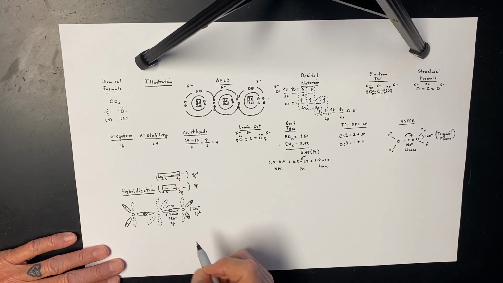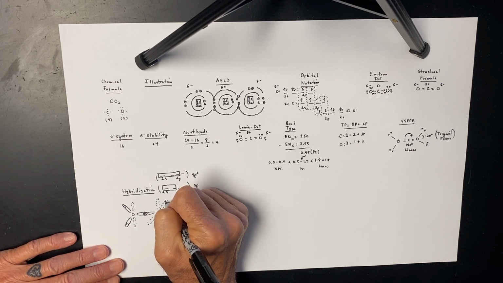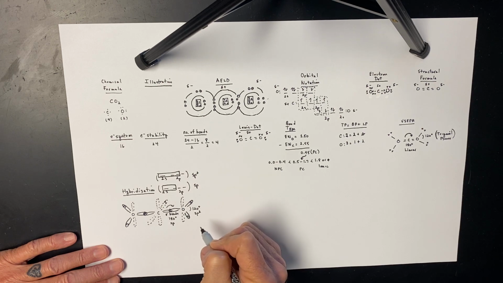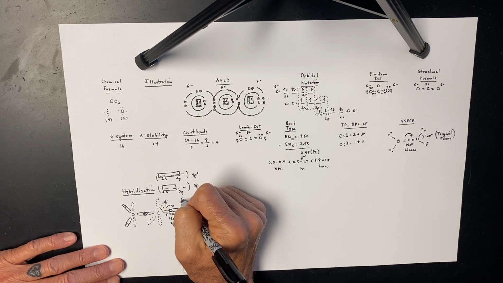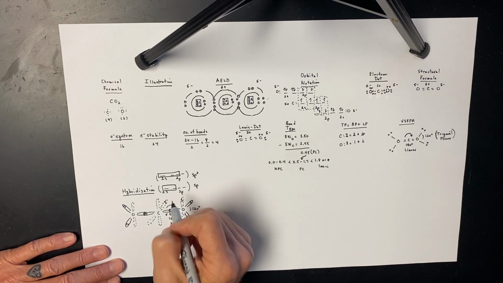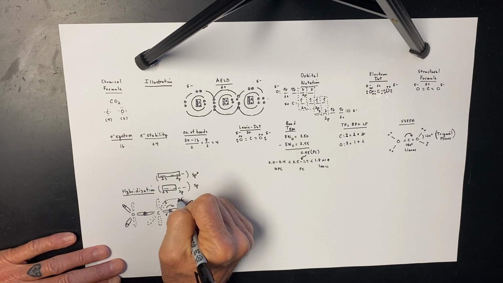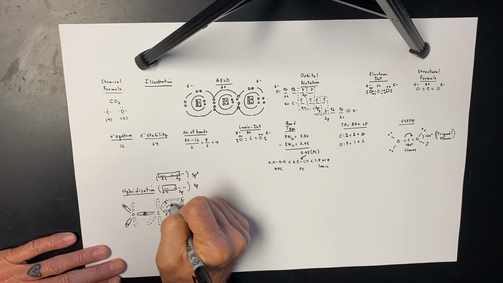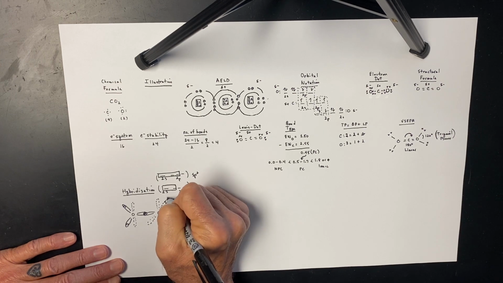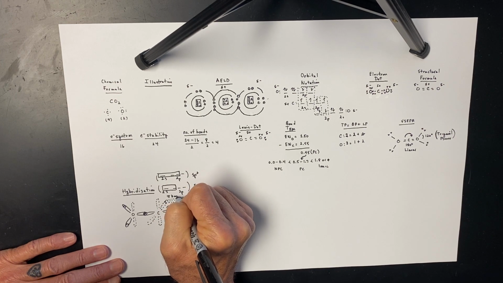Capiche? So we're going to place 1 of carbon's remaining 2 valence electrons there, and a valence electron for oxygen there, and we're going to form an indirect overlap here, which is referred to as a pi bond.